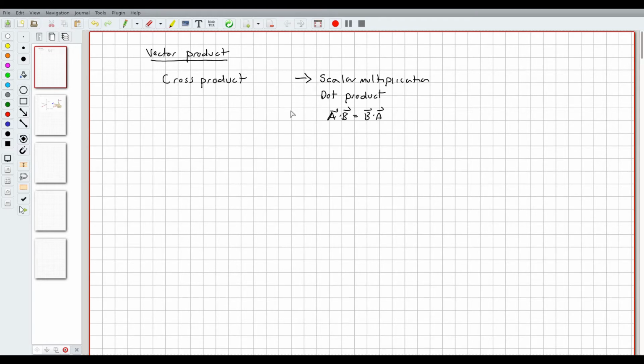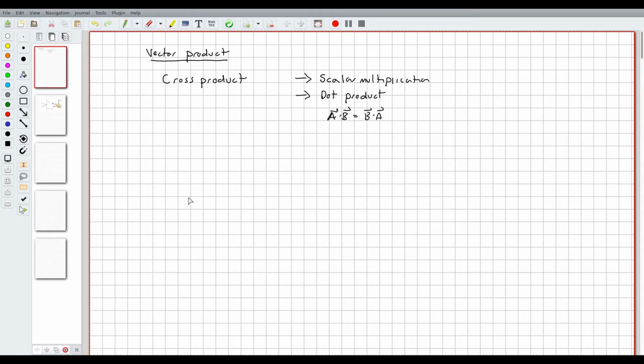Scalar multiplication, when you're done with it, gives you a vector. The dot product, when you're done with it, gives you a scalar. The cross product, when you're done with it, gives you a vector, but that vector is unlike the other two vectors. The way it works is like this.